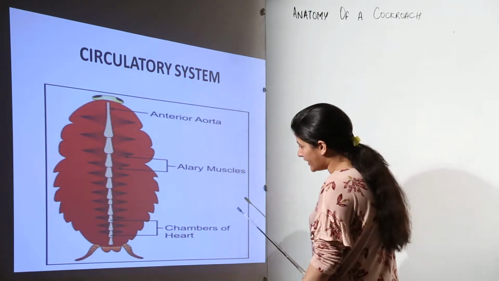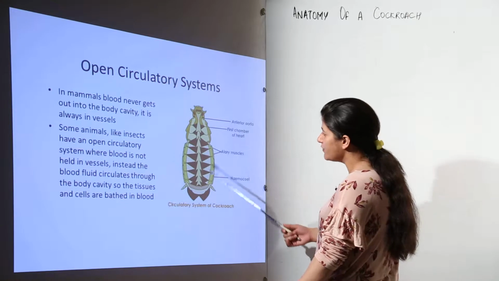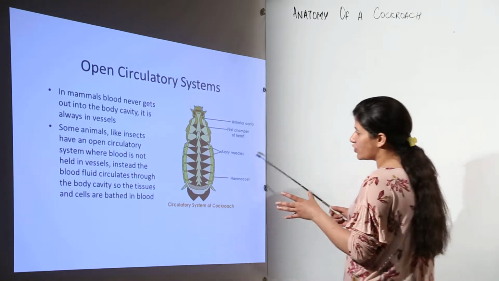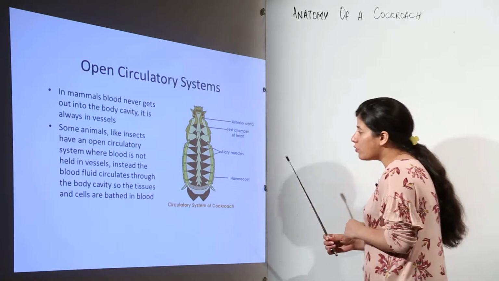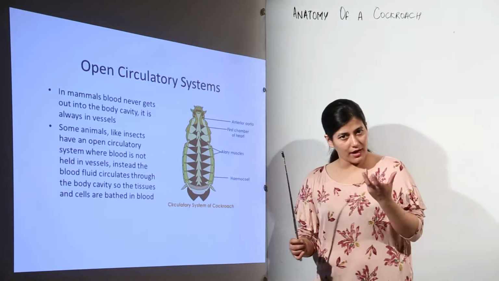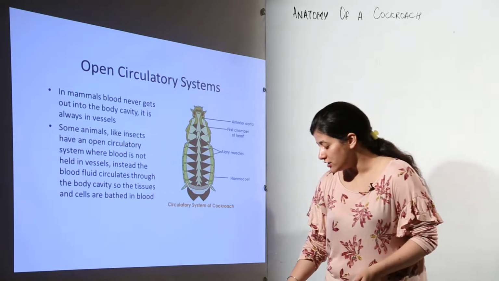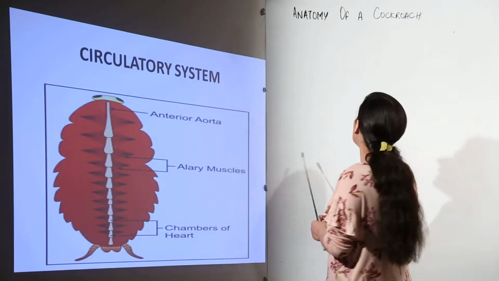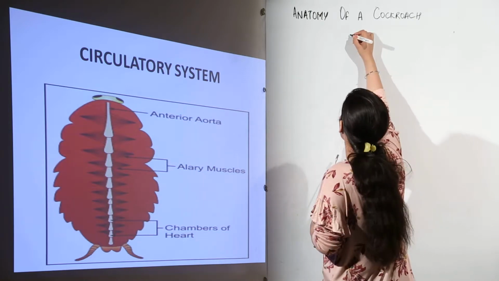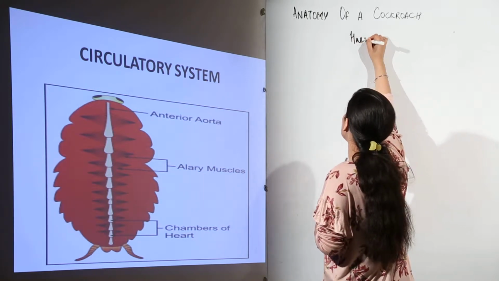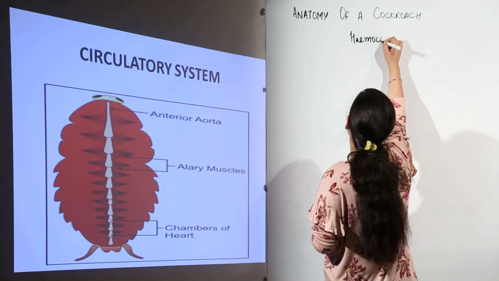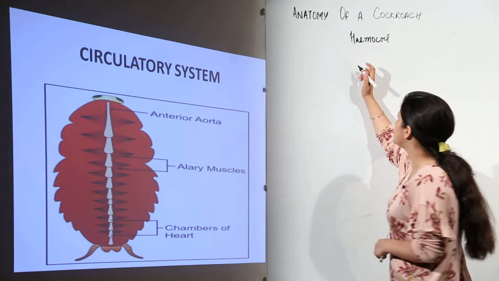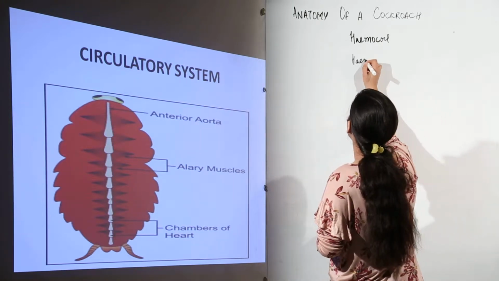In the previous slide, as you can see, this is a cockroach that is being shown, and they have tried to show you sinuses. Now, what are sinuses? Sinuses are the empty spaces inside which you find hemolymph. There are a few terms that you need to be aware of. There is a thing known as hemocoel, the cavity inside which you would find hemolymph.